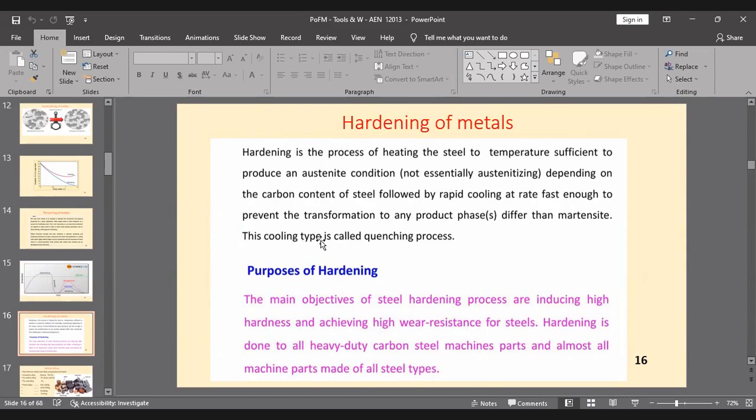This cooling type is called quenching. Martensite. This process is known as quenching.